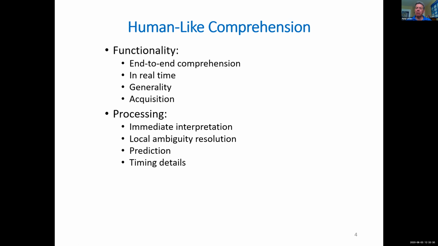And also, natural language has a lot of ambiguity. So a key part of human language comprehension is resolving that ambiguity. Humans also predict what word is going to come next. What's the most likely thing to come next? And there's also a lot of empirical research on details of timing of human comprehension.